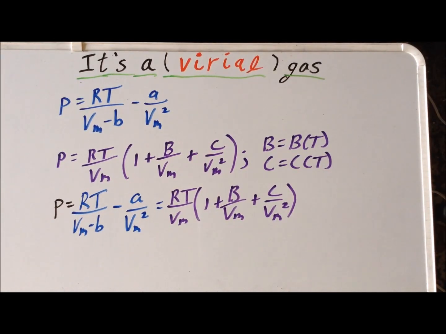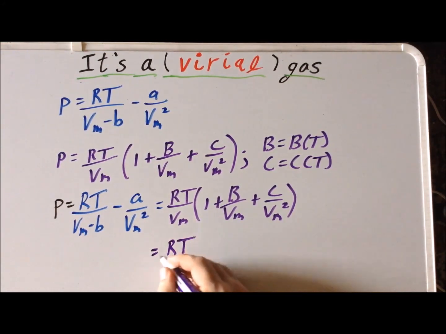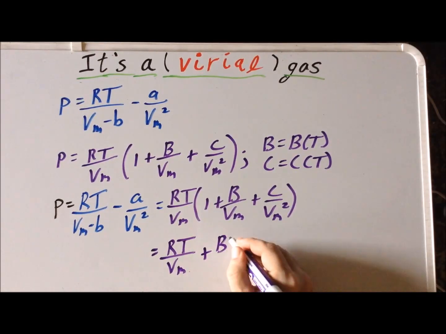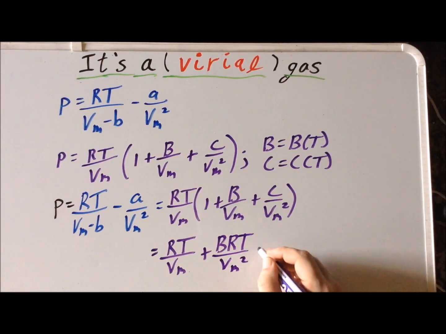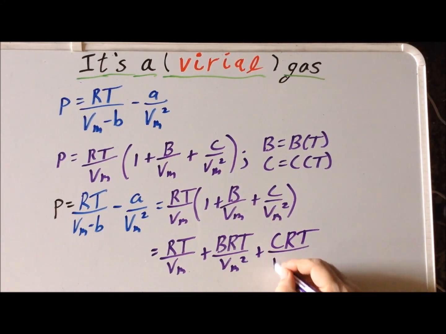We can expand the right-hand side as RT divided by the molar volume plus big B RT divided by the molar volume squared plus big C RT divided by the molar volume cubed.